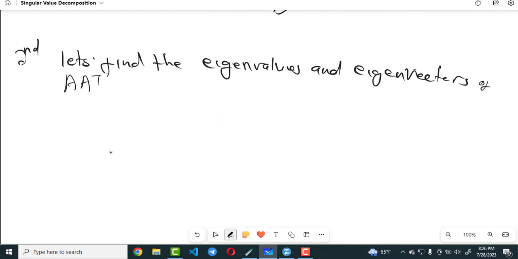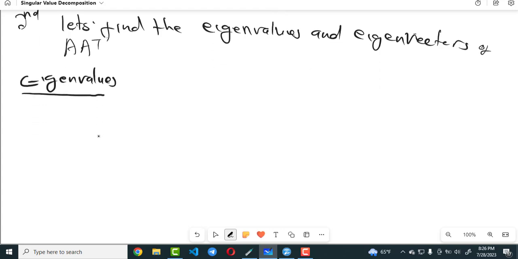So all this we are decomposing, we are looking for the singular value, we are doing our singular value decomposition. So to do so now, let us start by finding the eigenvalue.